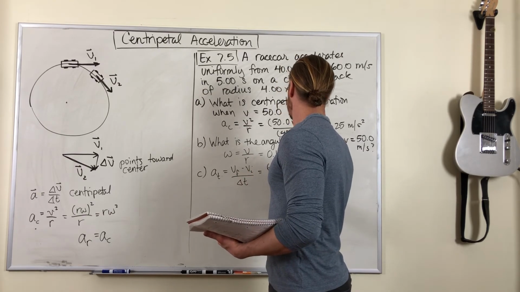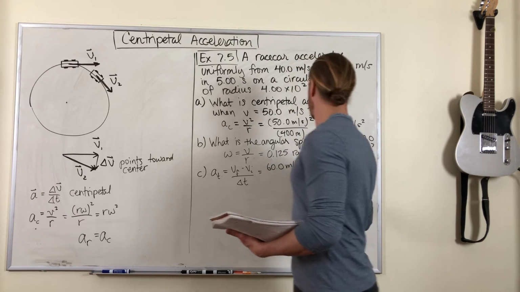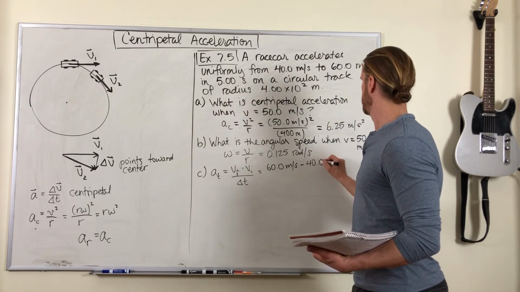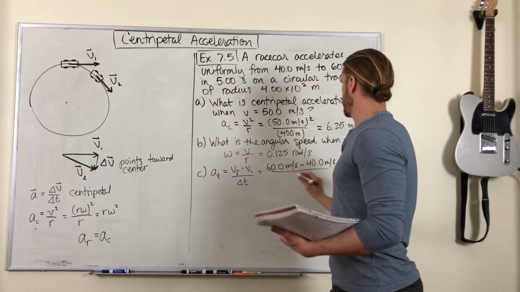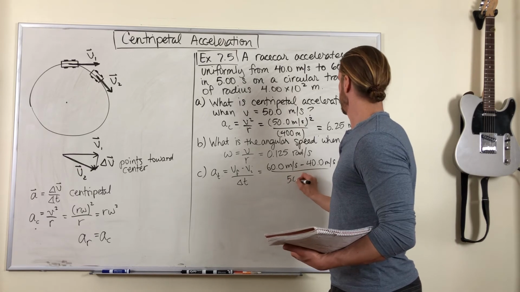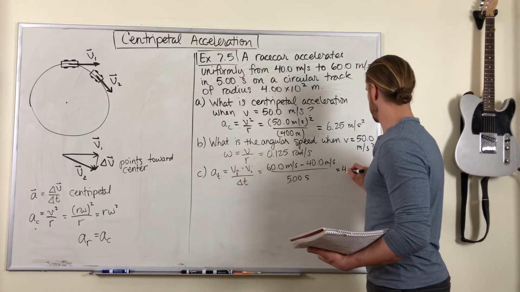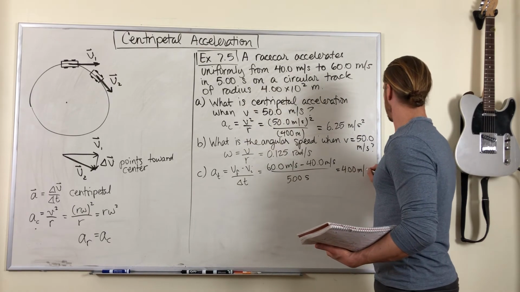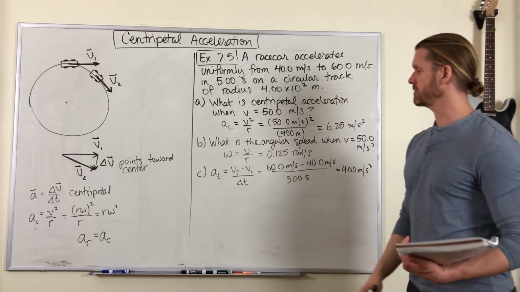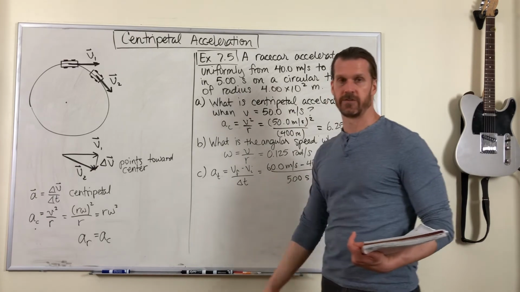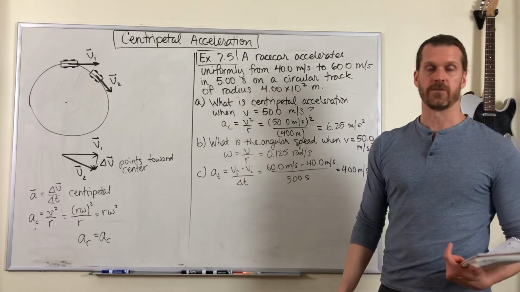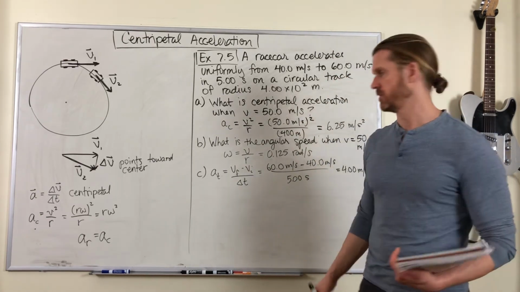So it's 60 meters per second minus 40 meters per second over 5 seconds, which is 4 meters per second squared. So tangential acceleration is just telling you the rate at which the car is speeding up or slowing down.